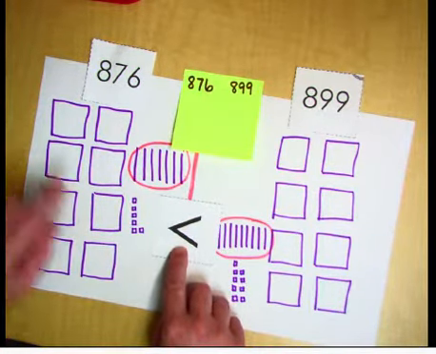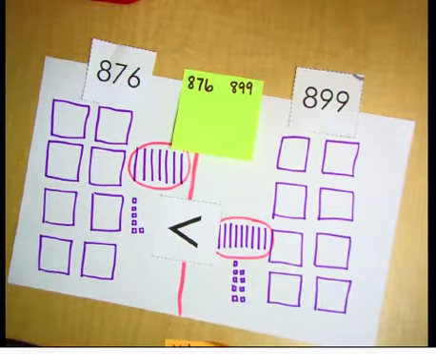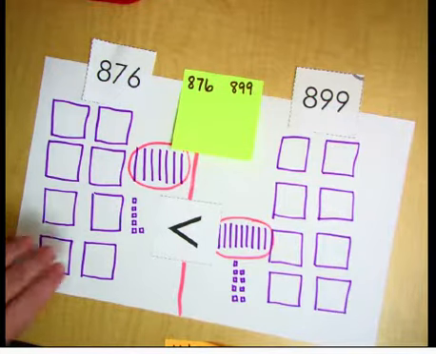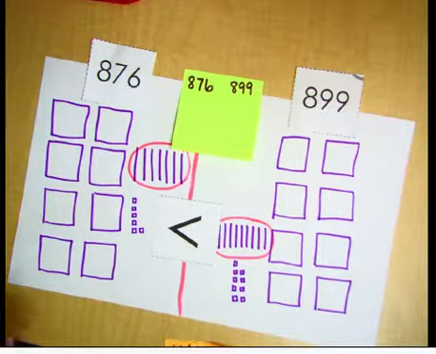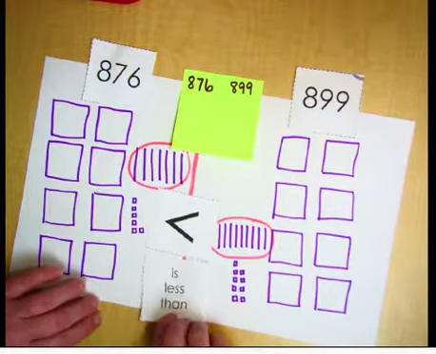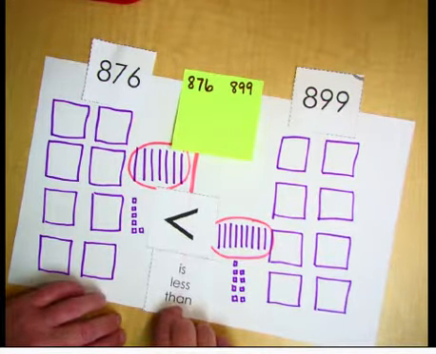So it's open to the bigger number. And we would word that 876. Oh, I lost my other little card. Anyway, we would say 876 is less than, oh, here it is, less than 899.